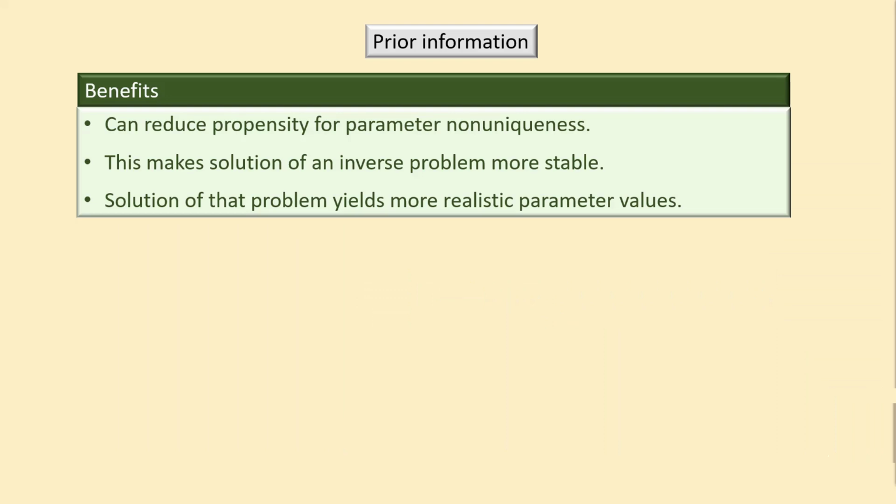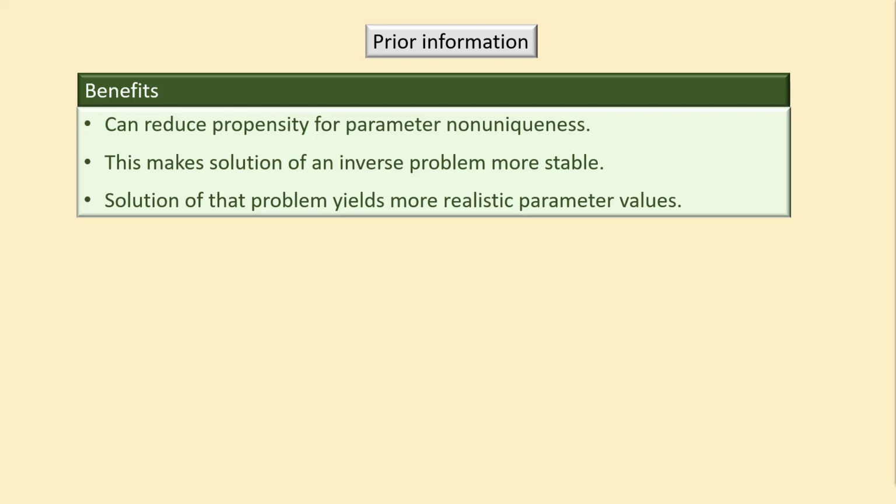The other thing too is that there's an obvious benefit in putting expert knowledge into the mix when trying to estimate parameters. I can't ignore my expert knowledge, nor should I. And if I have direct measurements of system properties, of course they should figure in solution of the inverse problem.